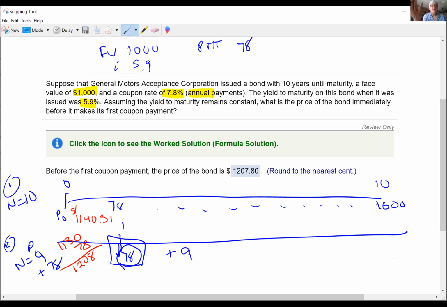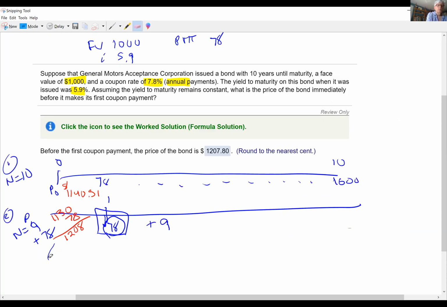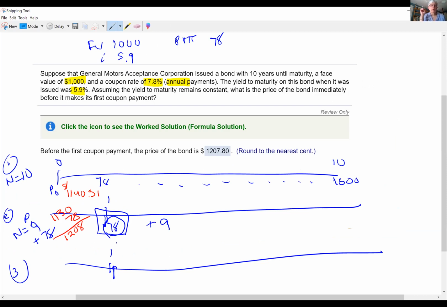And then the last version is, what is the value immediately after we receive that coupon?